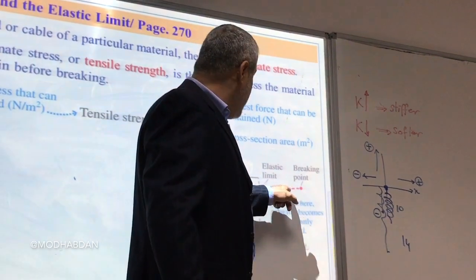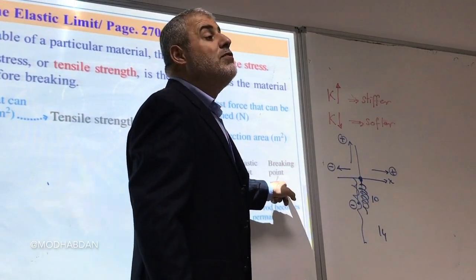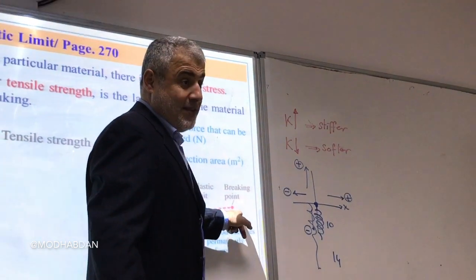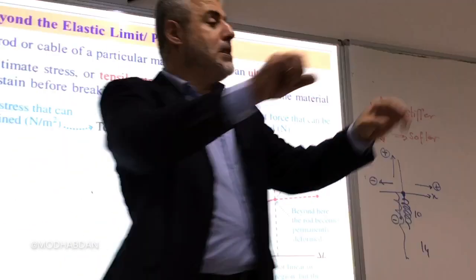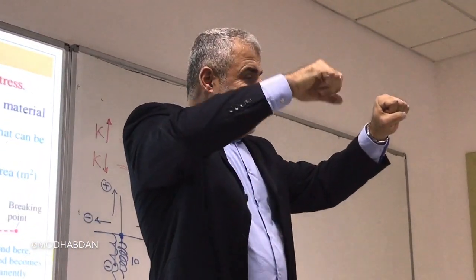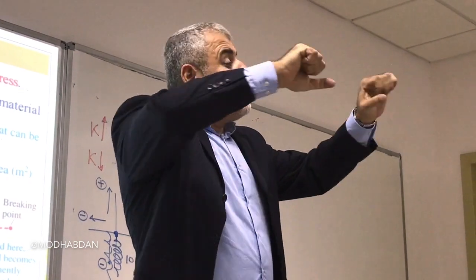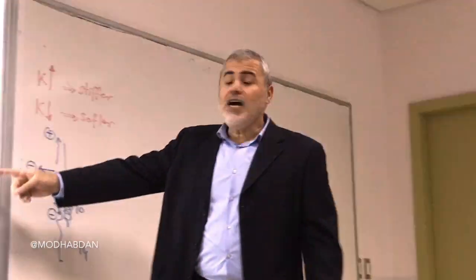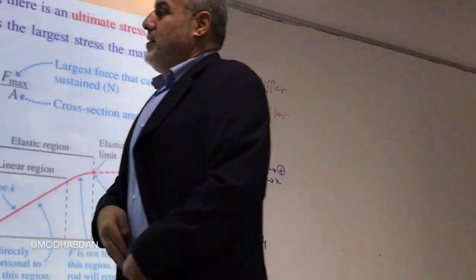If you continue pulling it, what happens? It will break. This is called the fracture point or breaking point. Just like if you have a spring and you stretch it until the coils turn into a straight line, and if you continue pulling, it eventually breaks, right? This is the breaking. This is what we talk about. These simple things.